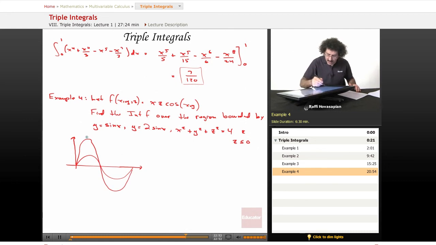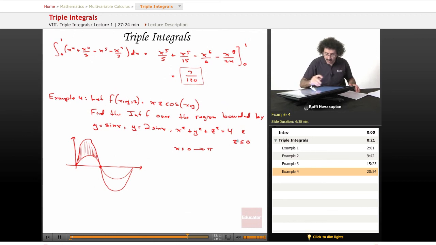Sorry, my hand is a little shaky there, but you know what the graph looks like. So it looks like x is going to run from 0 to pi, from here to here, because we're looking at this region in the xy plane.